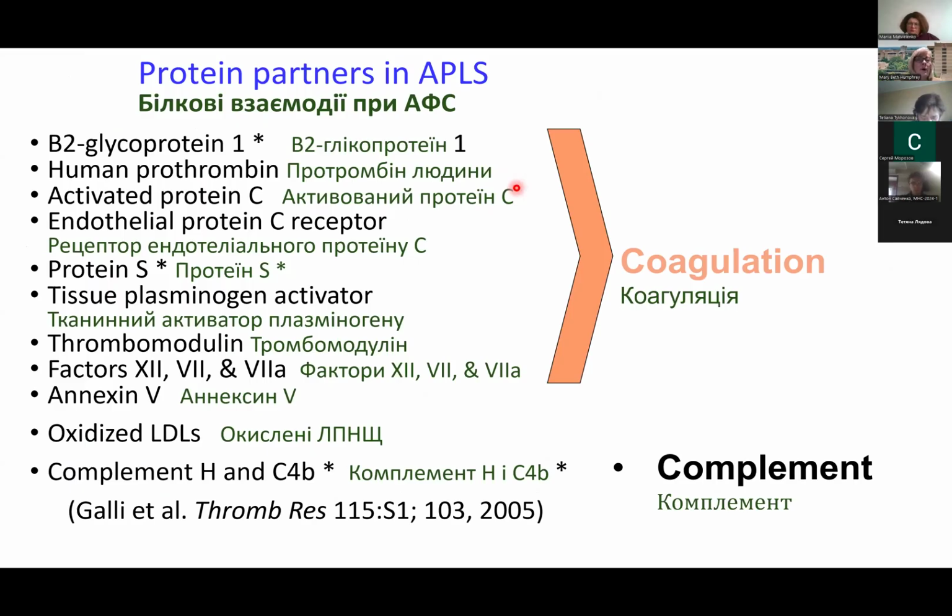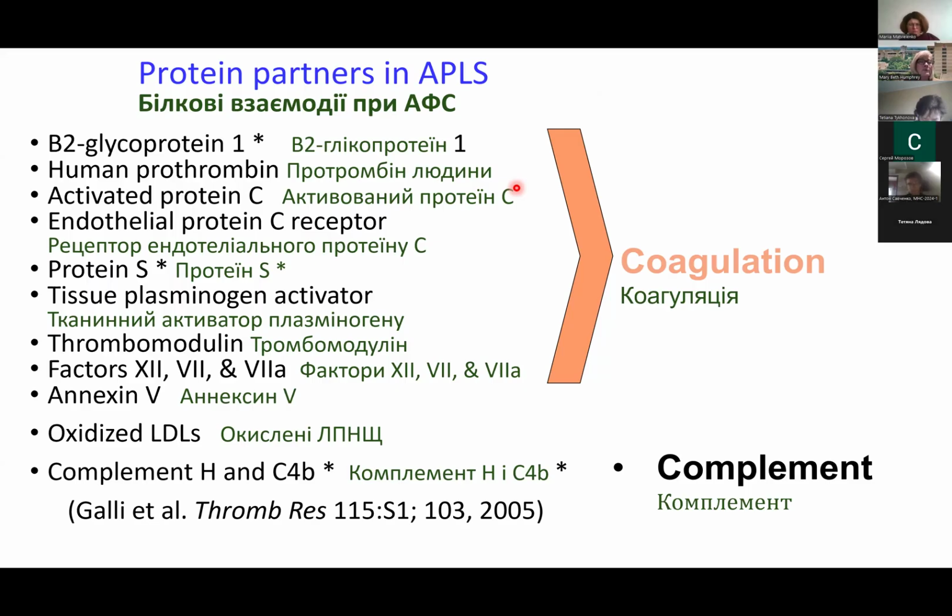So what are some of the partners, complement proteins and clotting factors that combine with APLS? You can have beta-2 glycoprotein, human prothrombin, activated protein C, endothelial protein C receptor, protein S, tissue plasminogen activator, thrombomodulin, and then factors 12, 7, and 7A.